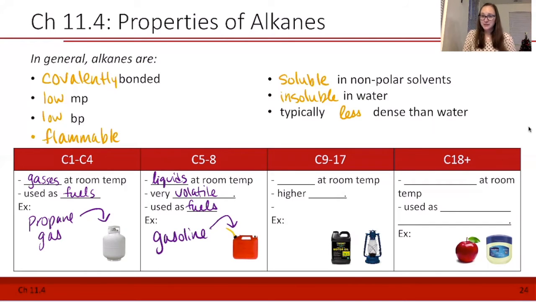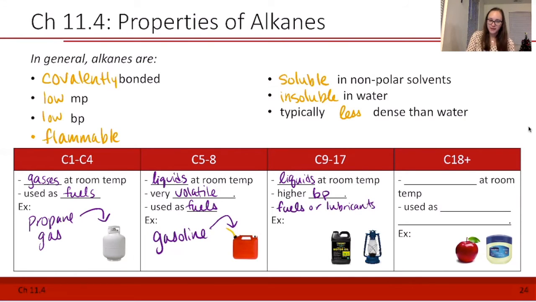Carbons 9 through 17, so now we're getting pretty big in terms of our carbon chain length. They are typically also liquids at room temperature, but they have higher boiling points. So they're not volatile like the C5 through C8 carbon lengths are. They're typically used as fuels or lubricants.